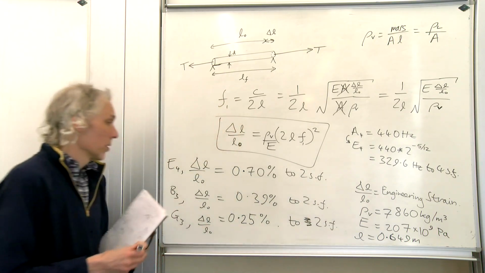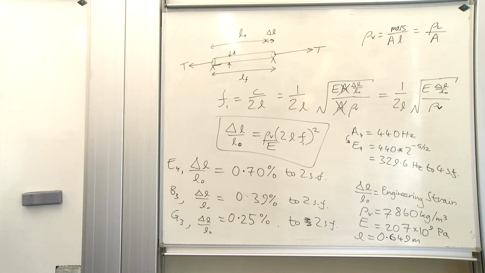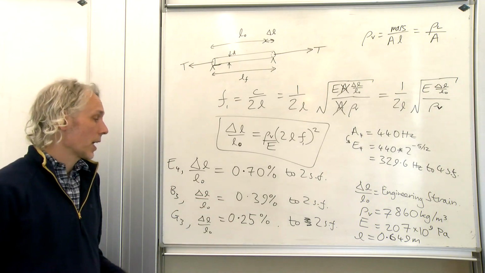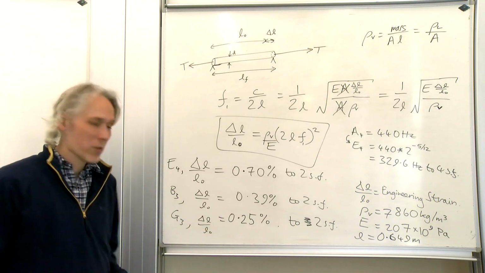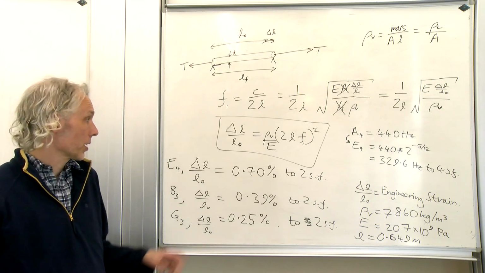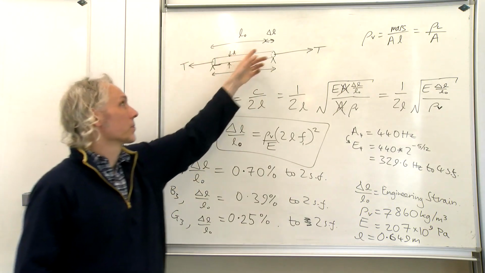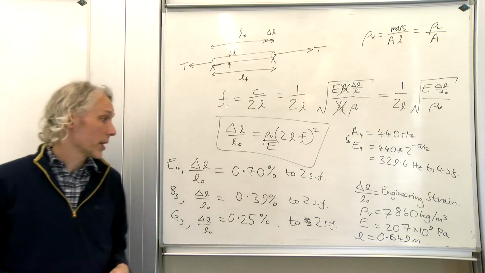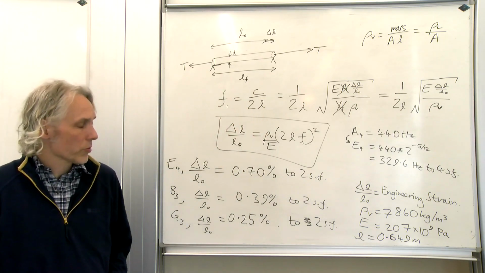Okay. Yeah, so this shows us what is happening on the strings. The high E string is stretched by less than 1%, and actually the G string is stretched by 0.25% of its length. So all we have to do to work out the actual distance that is pulled, delta L, and get delta L on its own, we just have to multiply that by a number of millimeters, 649 millimeters.